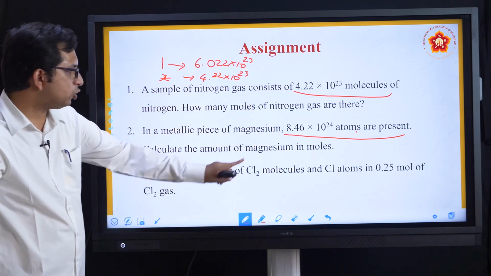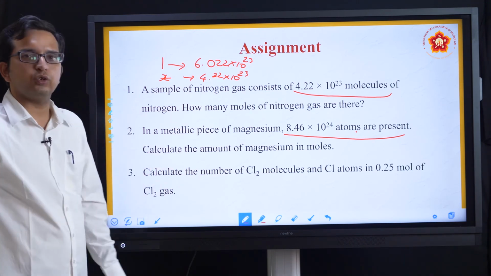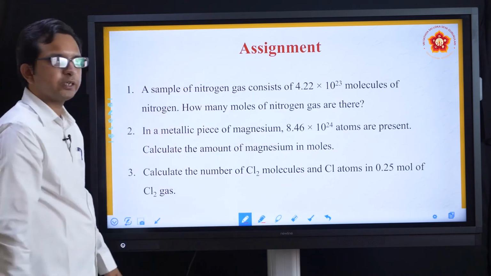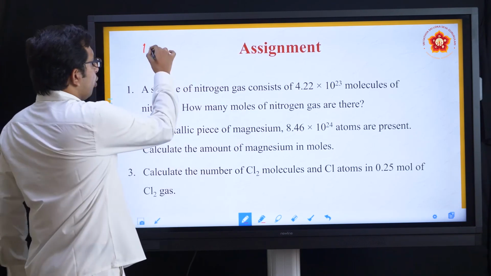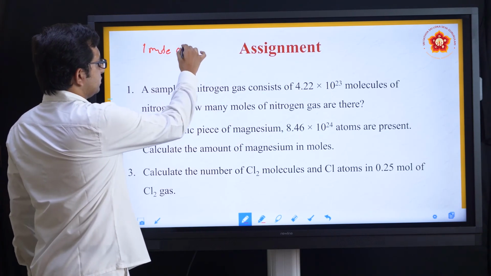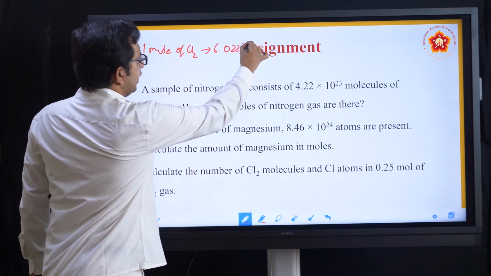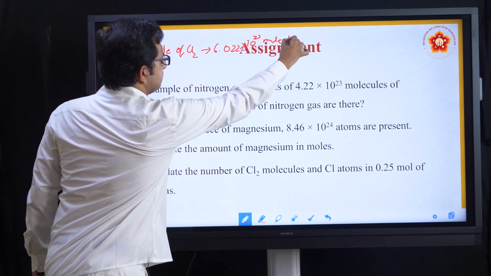Calculate the number of Cl2 molecules and Cl atoms in 0.25 mole of Cl2 gas. For this, let me give you a little basic aspect. Be clear that 1 mole of Cl2 will contain 6.022 into 10 raised to 23 molecules.